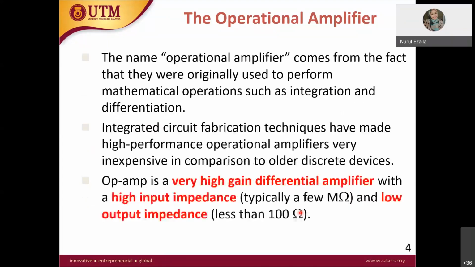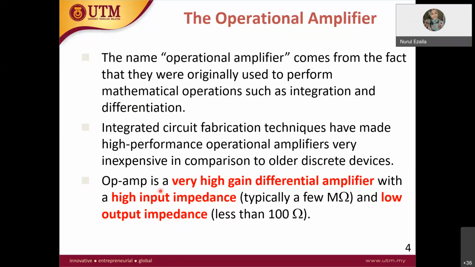The name itself, operational amplifier, comes from the fact that it is used to perform mathematical operations such as integration and differentiation. Integrated circuit fabrication techniques have made high performance op-amps very inexpensive in comparison to the older discrete devices.